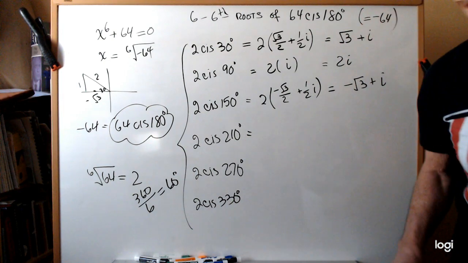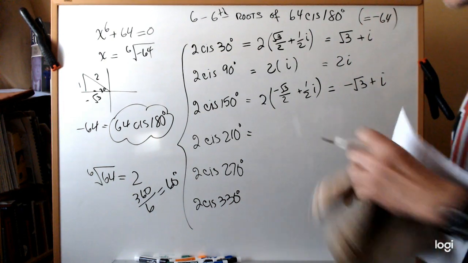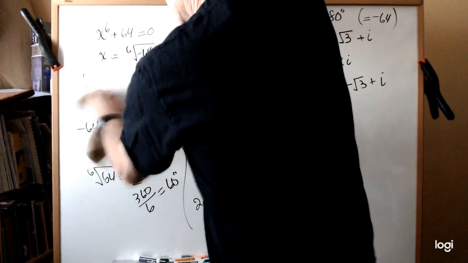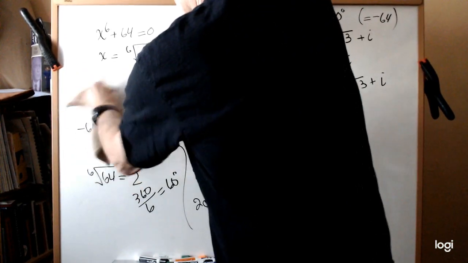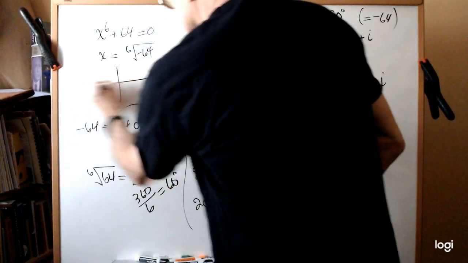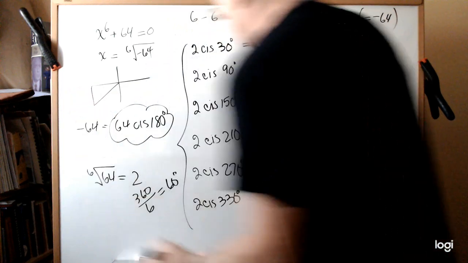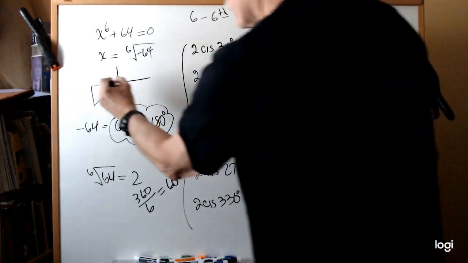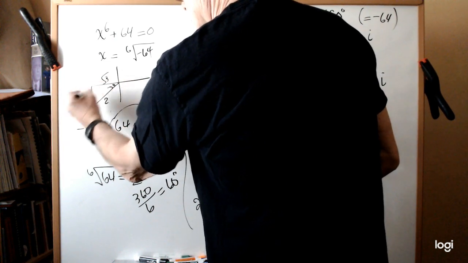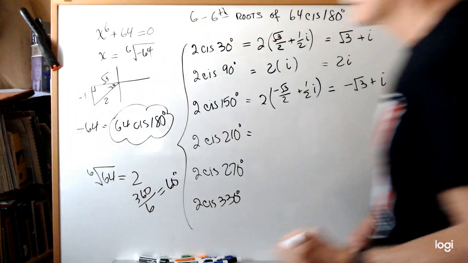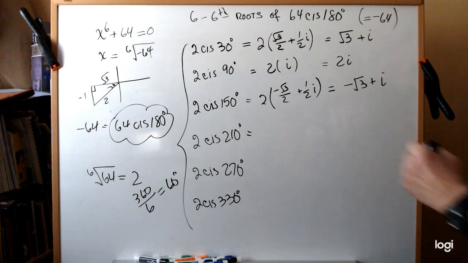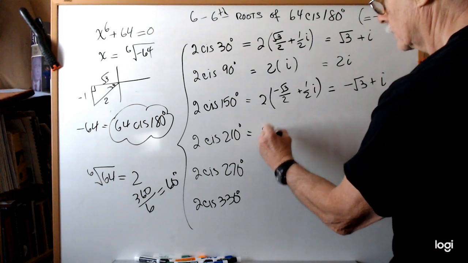Okay, and the next one, 210. Well, we've done these many times, so we know we are in quadrant 3 for that. And 210 gives us a reference angle of 30. So cosine of 30, adjacent over hypotenuse, is negative rad 3 over 2.